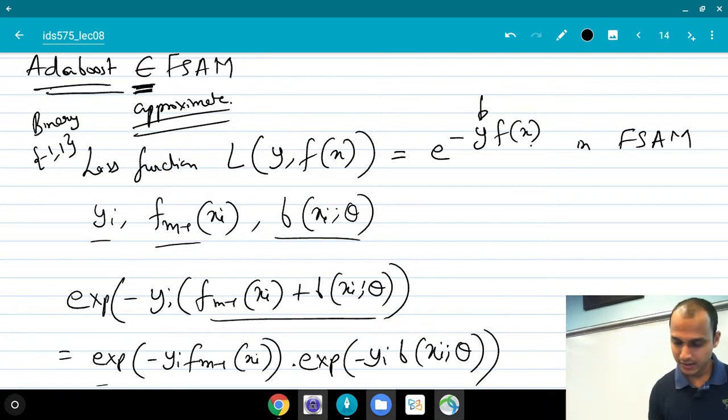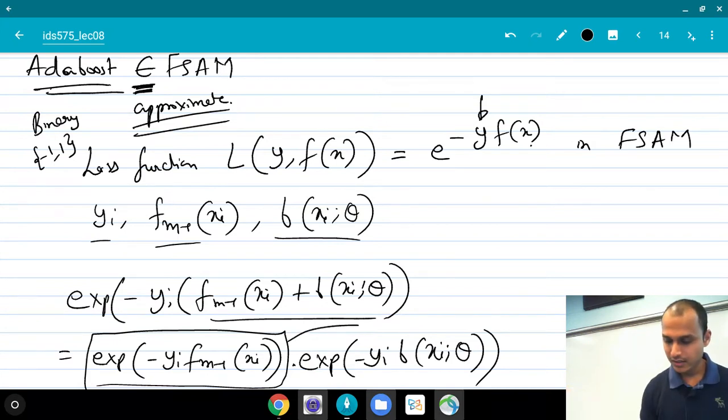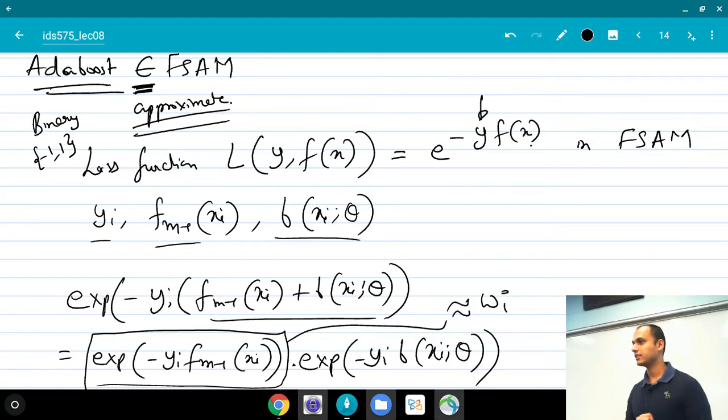Now this first factor is all data. At this stage, I already know all the previous m-1 models, their predictions, and my yi. So you can think of this number as approximating the weight for your ith observation.